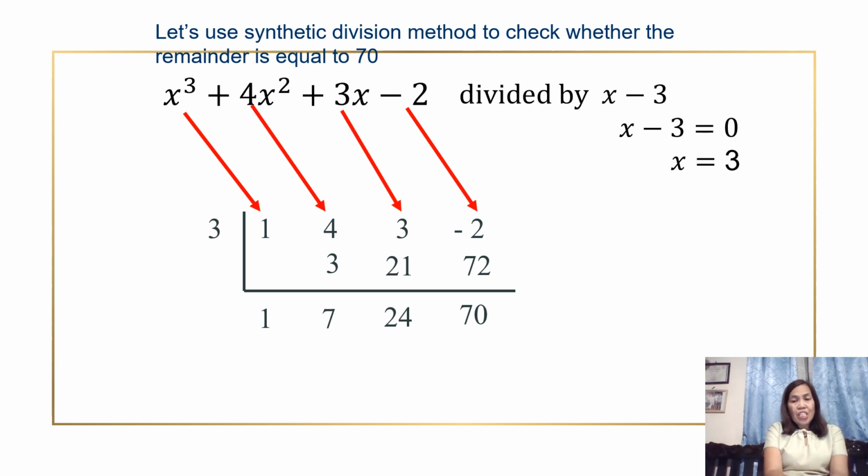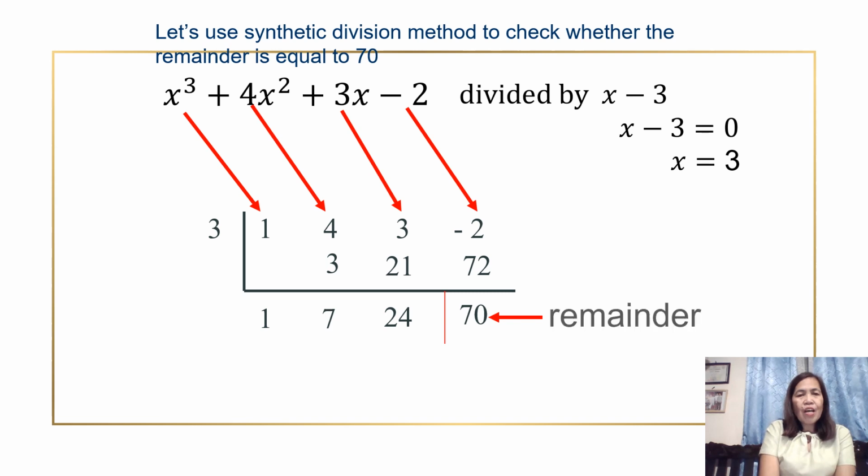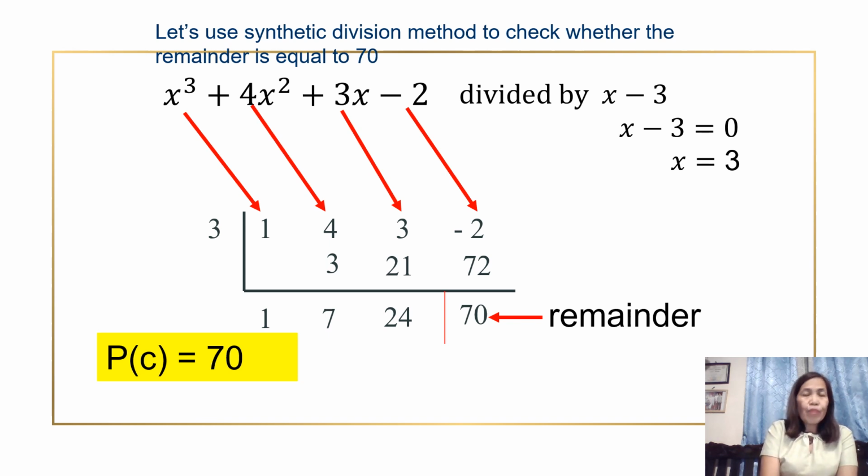Okay, as you can see, the remainder is also 70. So we say that P of c is equal to 70. So the value of the polynomial is 70, or the remainder is also 70.